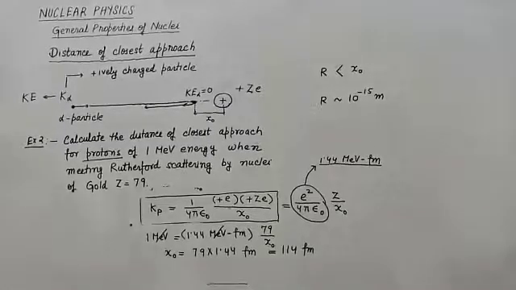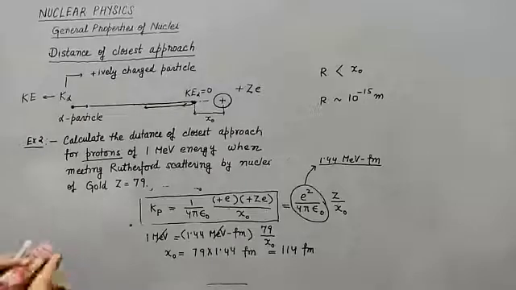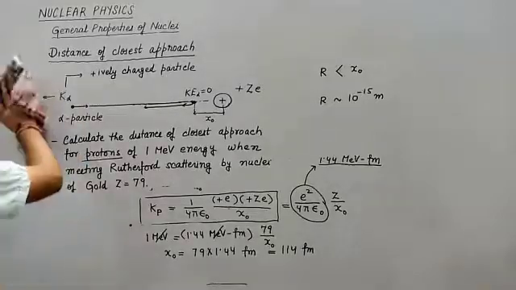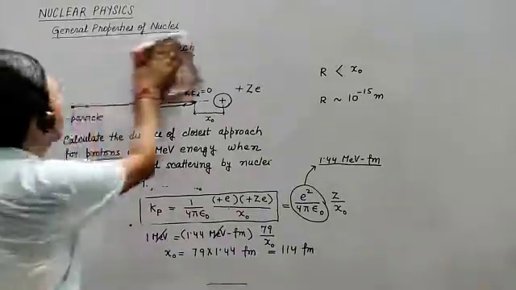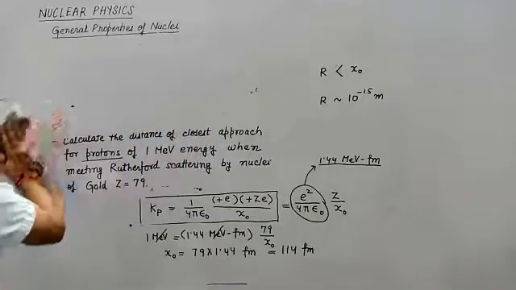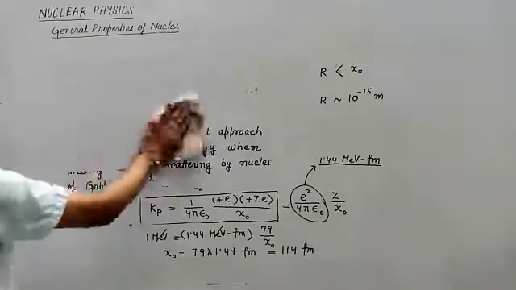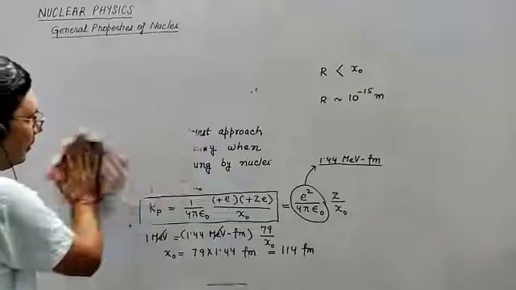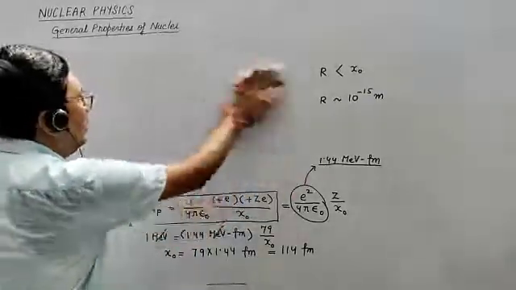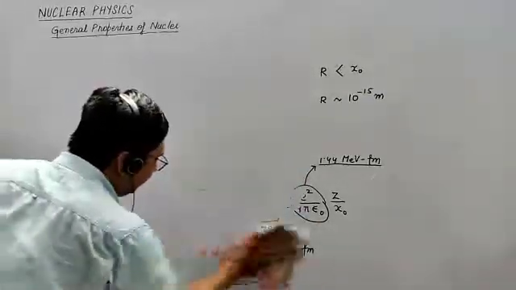Now come to another topic that is very important from exam point of view. This is the mirror nuclei method. Another topic is the mirror nuclei method to find out the radius of the nuclei.